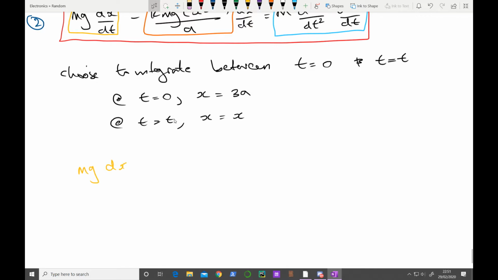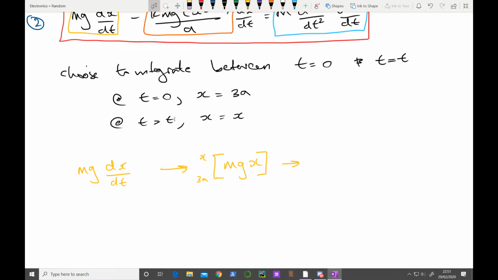mg dx over dt integrated is going to give me mgx, but I need to put my limits at the allotted times, where at t equals 0, my first limit, x equals 3a, and at t equals t, my second limit, x equals x.